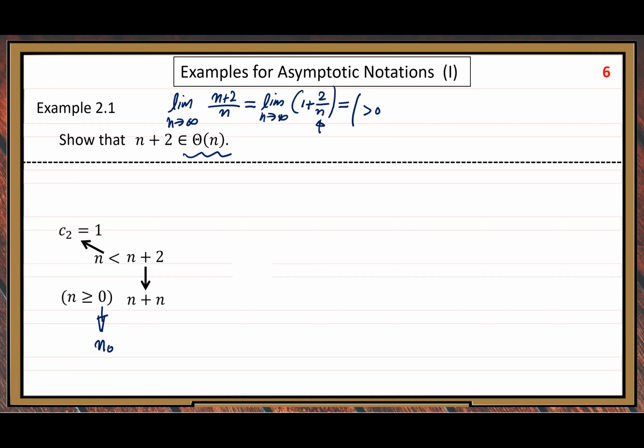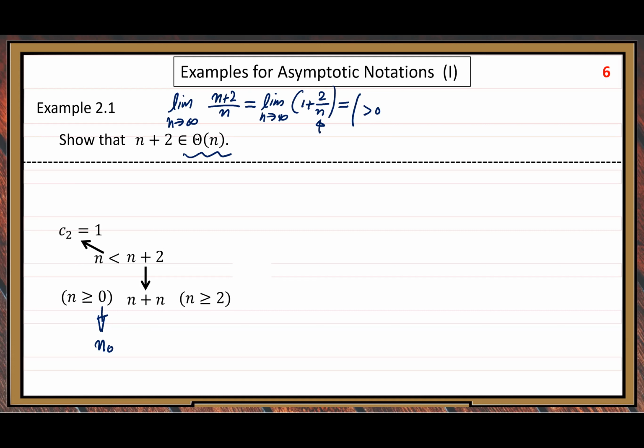But remember, we have the n0 thing that plays an important role here, because we can skip some values of n. Those values that we can skip are covered by n0. That's the important role you can see here.